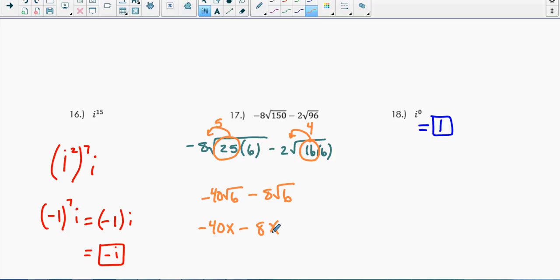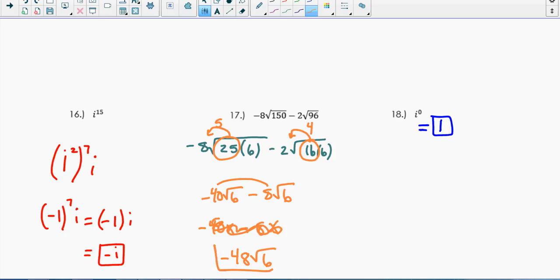You can combine those because they're like terms, and you'd have negative 48. Same thing goes for this problem. This is saying I have negative 40 of these radical 6's minus 8 of these radical 6's. They're the same thing. So if I combine those, negative 40 minus 8 makes negative 48 radical 6's.